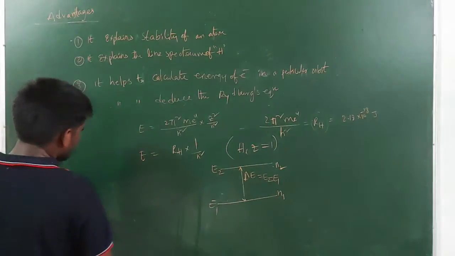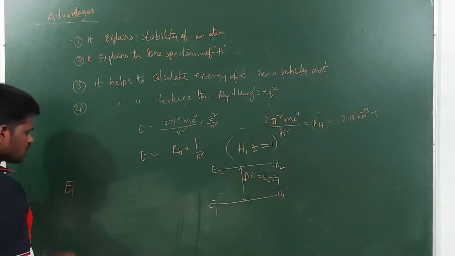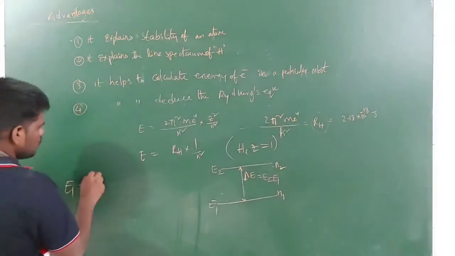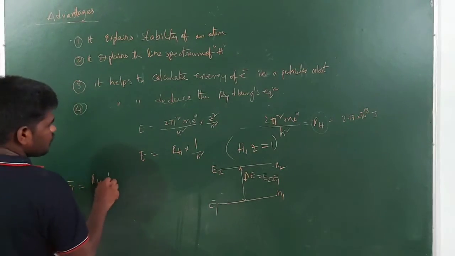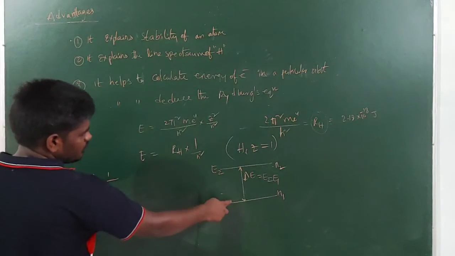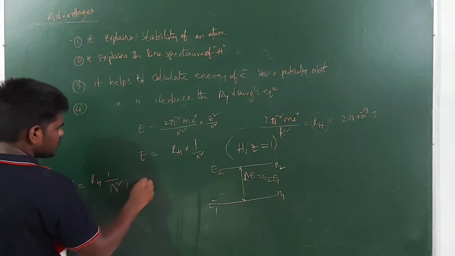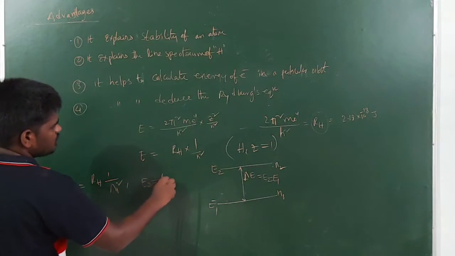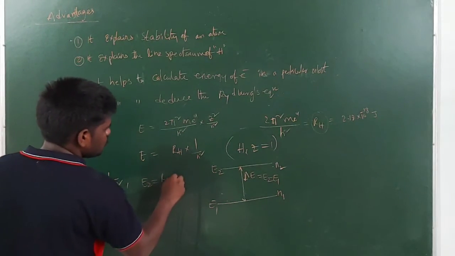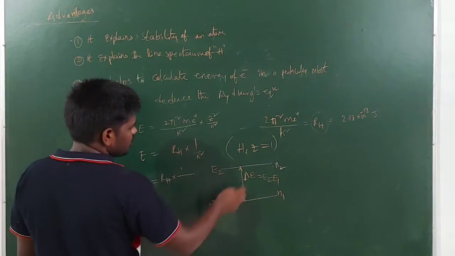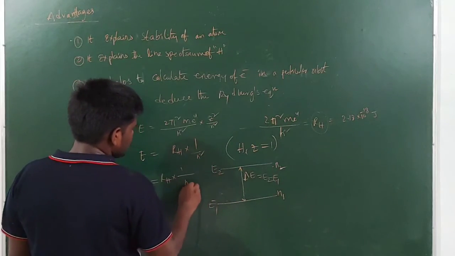Energy of the first orbit, E1, is equal to RH into 1 by n1 square. Next, energy of the second orbit, E2, is equal to RH into 1 by n2 square.